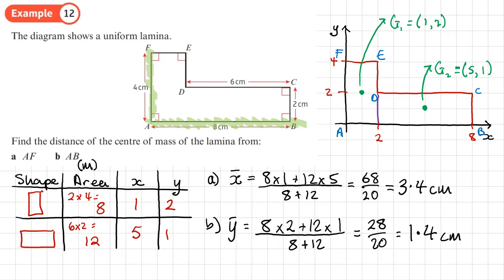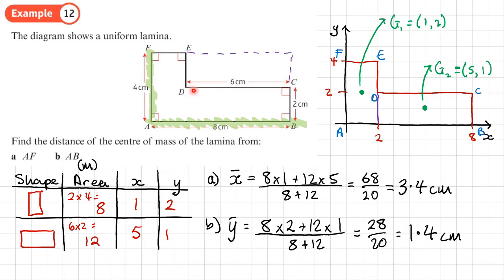Now, an alternative method to doing this question would be to treat it as a larger rectangle like this and find the center of mass of this whole rectangle. Then find the center of mass of this larger rectangle, which would be (4, 2), and then subtract from it the area and center of mass of this rectangle here.